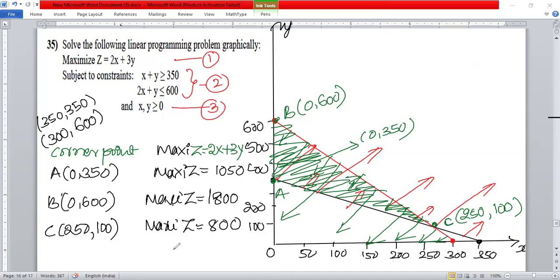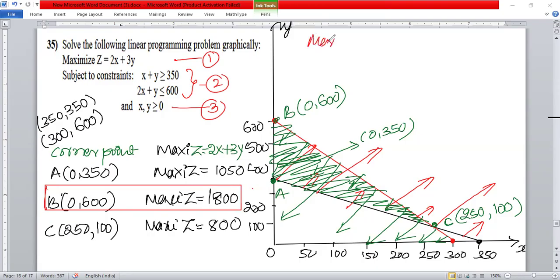Okay, finally, out of these three, which is the maximum? Look at that. 1800 is the highest one. So we are able to write the conclusion.